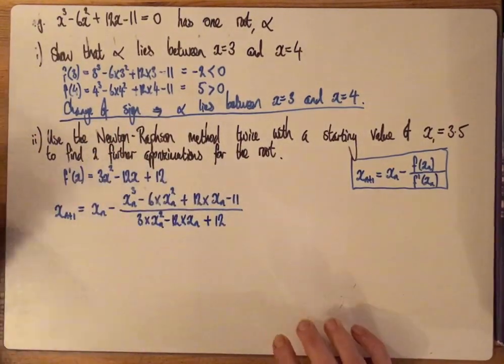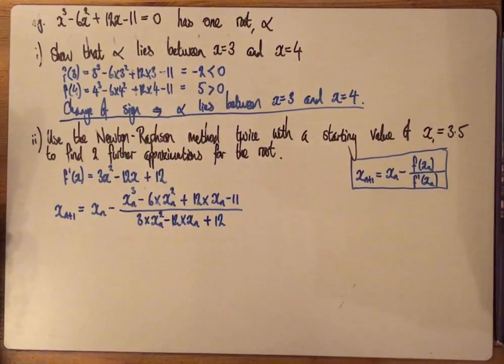And then the first thing you need to do is substitute in 3.5.